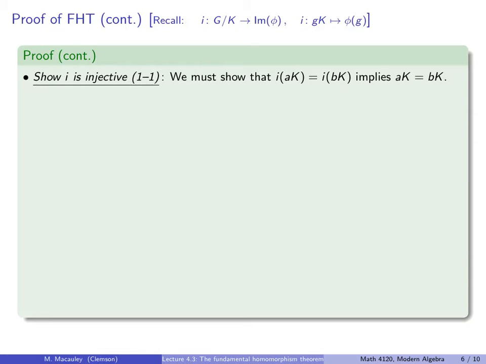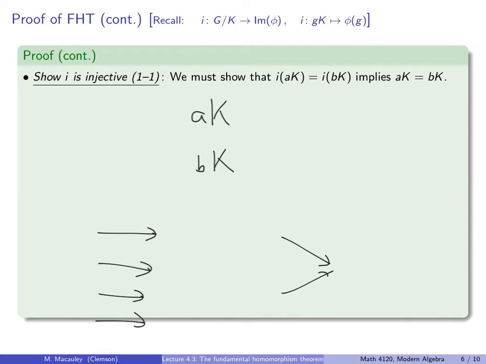So let's suppose that you have two elements in your domain. In this case, those are left cosets, AK and BK. Now, a one-to-one map, the way to think about it is that it sends unique elements in the domain to unique elements in the codomain. So you never have two elements going to the same place. So you never have something like that.